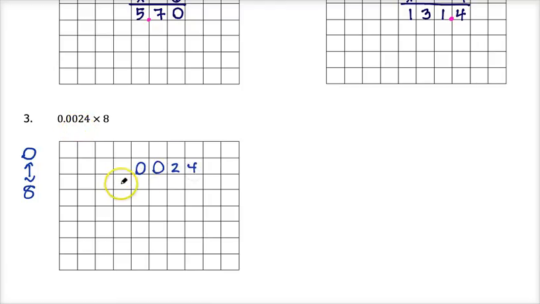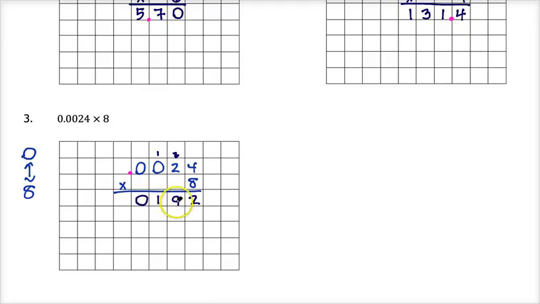So to multiply this, 0.0024 times 8, really this is going to be the same as 24 times 8. We're just going to have to be careful of how many decimal places we put in our answer. So 8 times 4, we know is 32. 8 times 2 is 16, plus 3 is 19. Carry our 1. 8 times 0 is 0, plus 1 is 1, and 8 times 0 is 0.